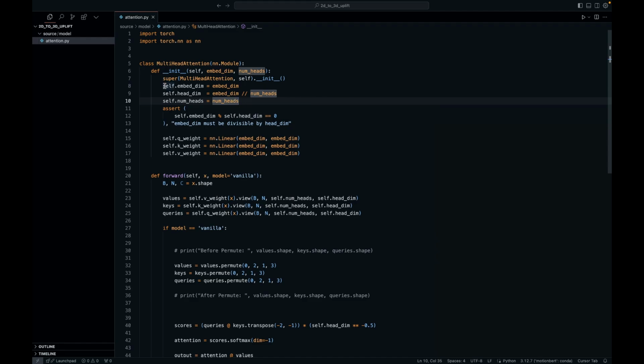First, I need to understand the head dimension. One thing that we need to be clear about is that when passing the entire key, query, and value weights, we are dividing them into multiple heads.